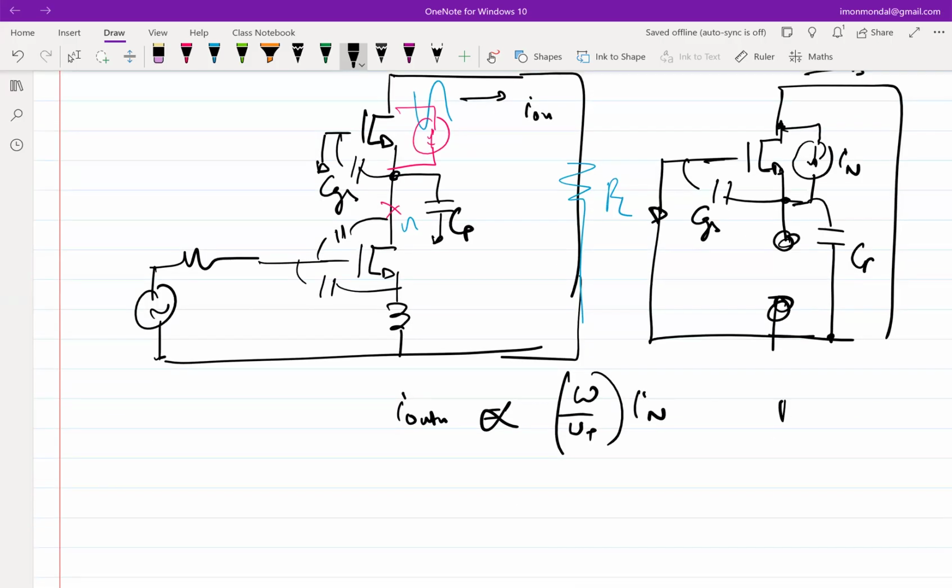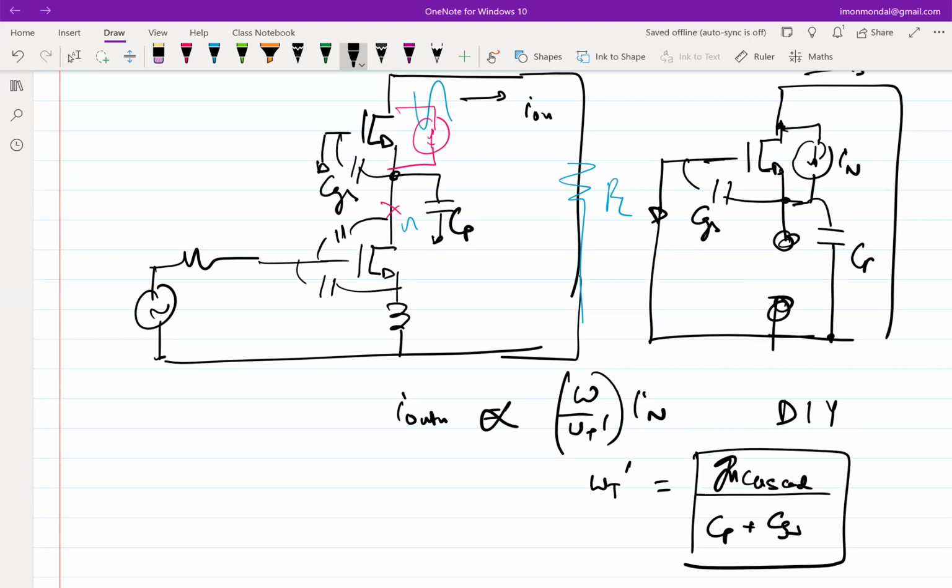So do it yourself to convince yourself that this is what it is. Where this omega t, or I should say omega t prime, because this is essentially GM of the cascode divided by CP plus CGS.